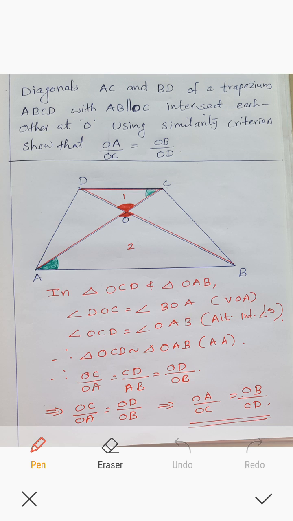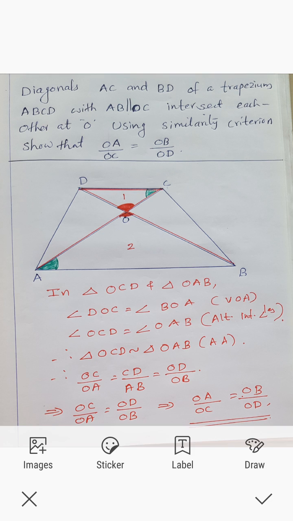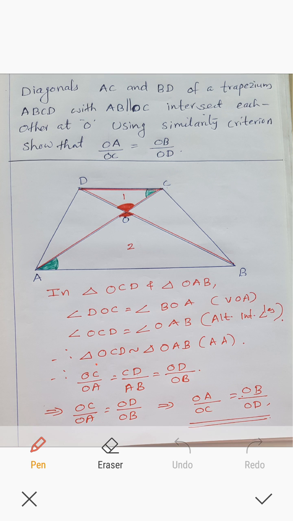Once we get that the triangles are similar, all the corresponding sides will be proportional. If we name the triangles correctly, we need not go to the figure again. From here we can write OC by OA, one pair of sides, equal to CD by AB, equal to, first and last, OD by OB.